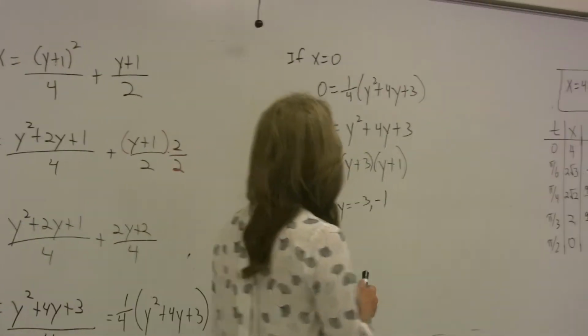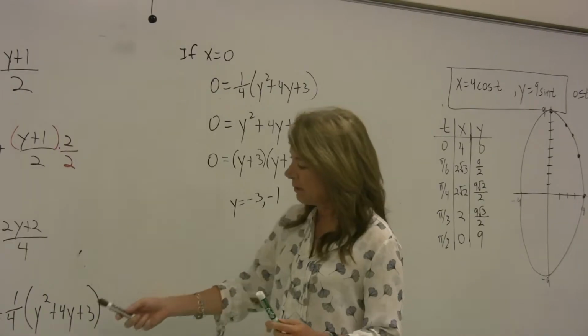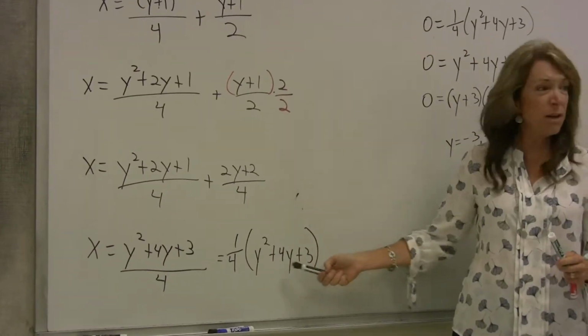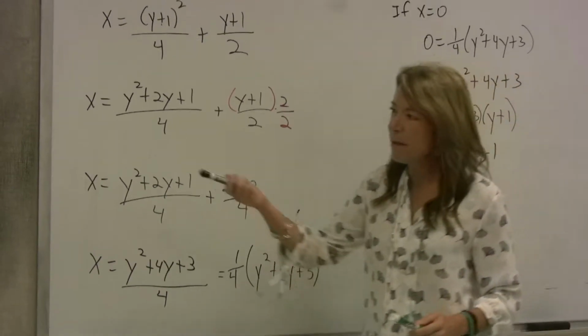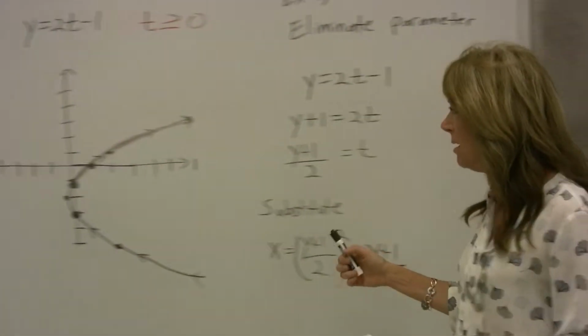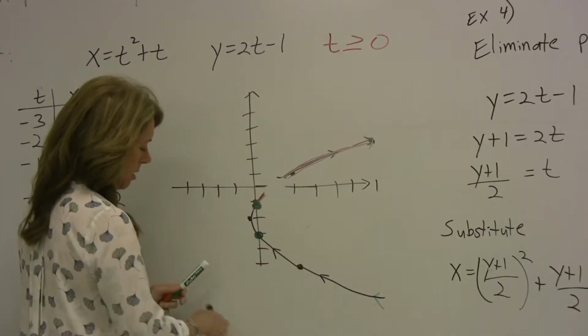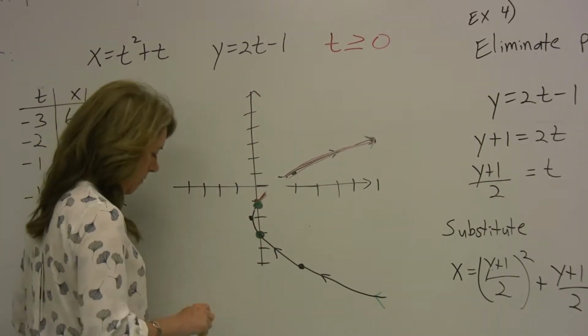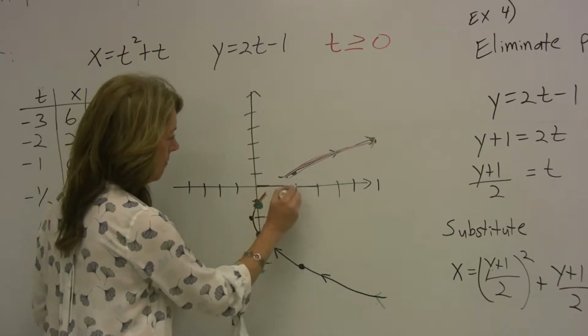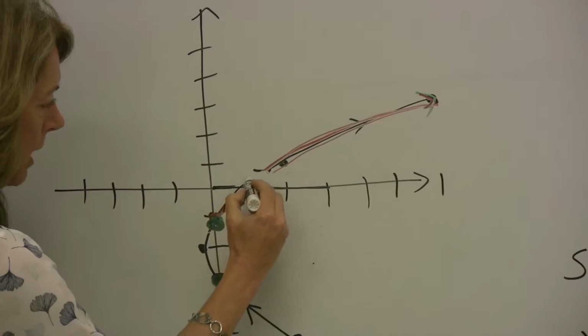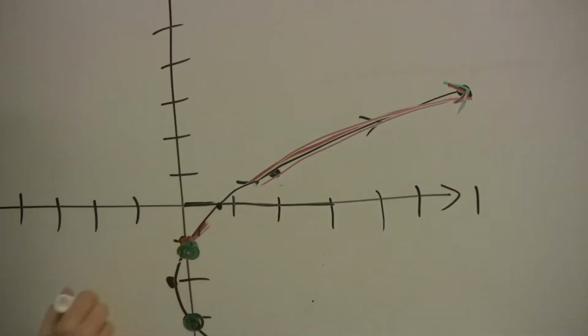If I plug 0 in for y, what will I get? 3 over 4. So my graph looks like it intersects at 1, but it's actually at 3/4. So if I wanted to fix my graph a little bit, if this is 1, it actually crosses more like at 3/4, right there.